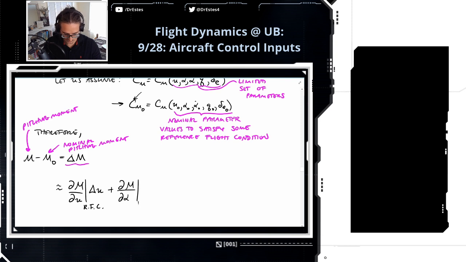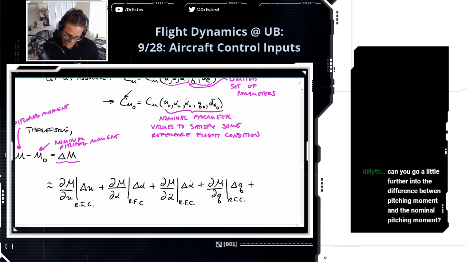So I'll just write these out. Delta Q. So this is how the pitching moment changes with the elevator deflection.